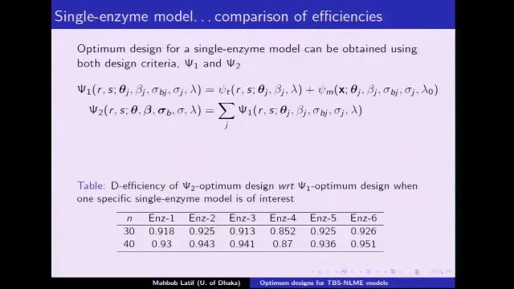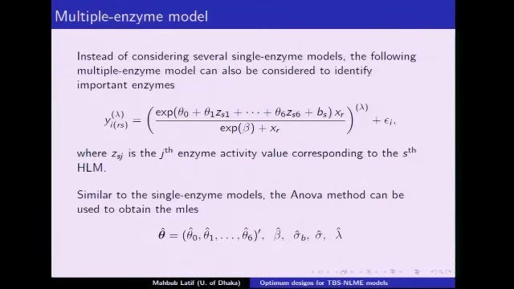And the next question is, it is possible that you could have more than one enzyme being important for the substrate. So then single enzyme models are not useful anymore. In that case, we need to consider a multiple enzyme model.